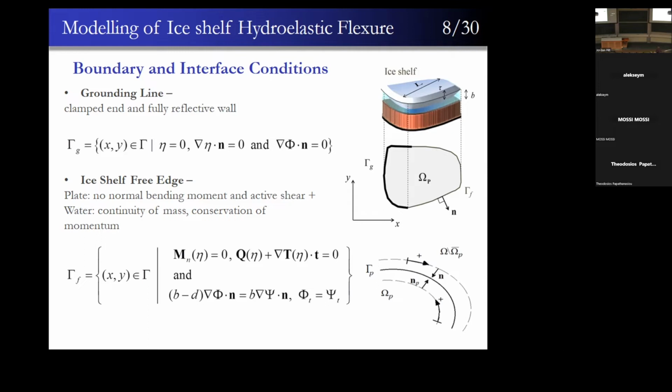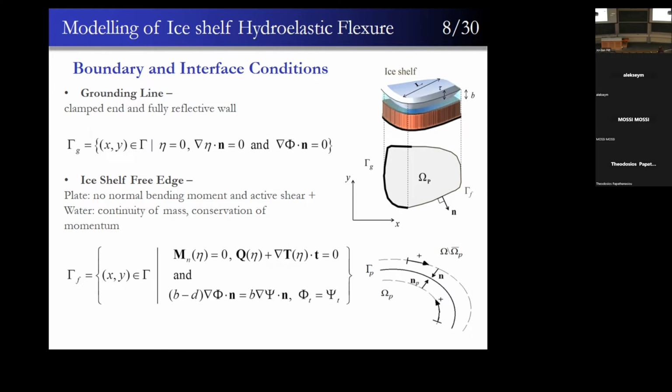force. The effects of membrane stresses, as described previously by Dr. Bennett, are very important locally, but because of the small level arm of these forces on the thickness compared to the level arm of the span of the ice shelf, they will not contribute significantly here in the flexure.